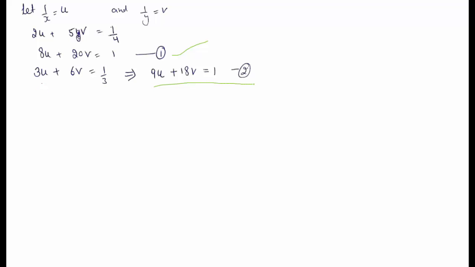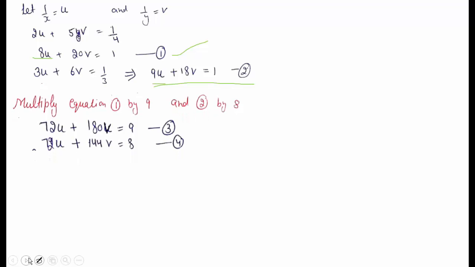Now here we will multiply the first equation by 9 and the second by 8, so that the coefficient of u will become the same. We are using the elimination method here. To eliminate u, we will multiply the first equation by 9 and the second by 8.